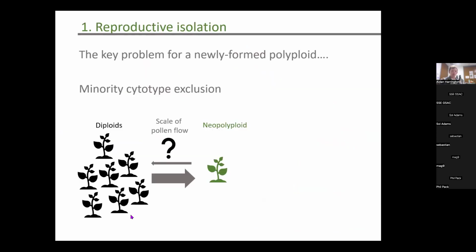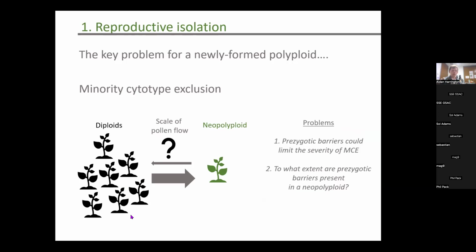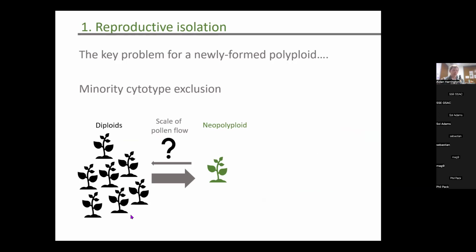So there's a key problem for a newly formed polyploid, which is presumed to be a major barrier to polyploid success, and that is called minority cytotype exclusion. This problem emerges from the fact that a neopolyploid is going to be very rare initially when it first forms from its diploid progenitors.